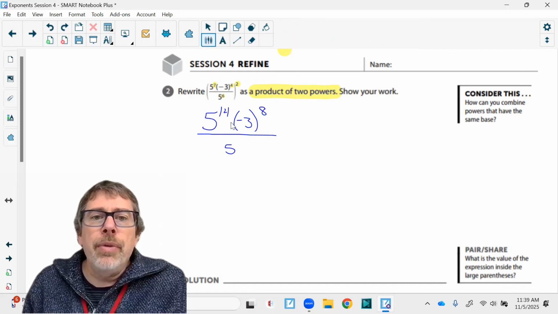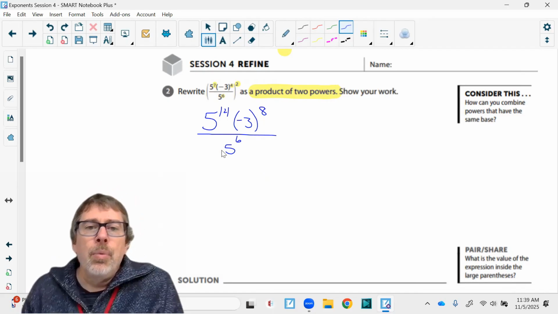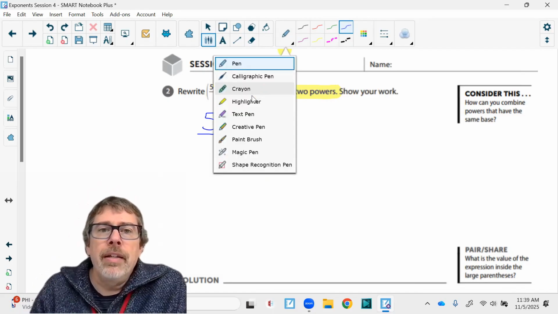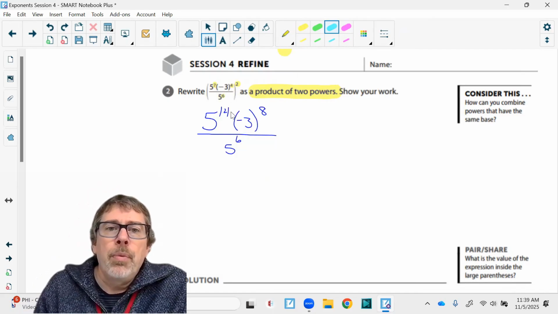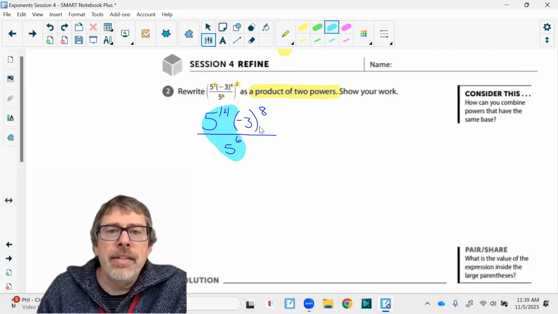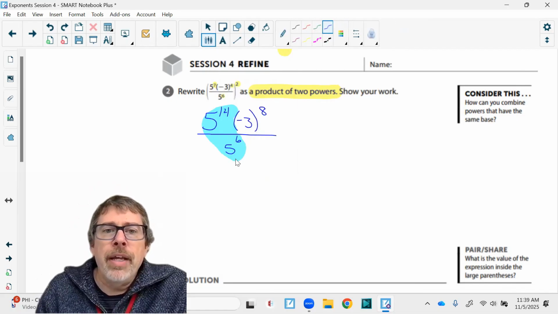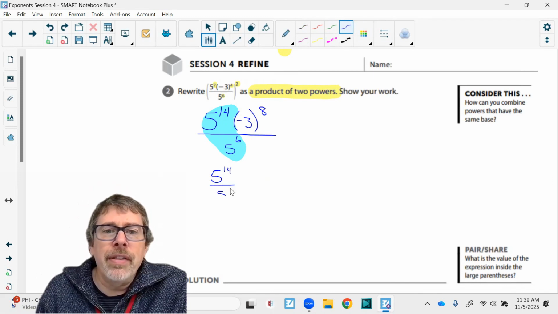In this situation, and I'm going to highlight it, we have 5 to the 14 in the numerator and 5 to the 6th in the denominator. So I can rewrite those as a separate value. That's going to be 5 to the 14 over 5 to the 6, and then I'm going to multiply that by -3 to the 8th power.